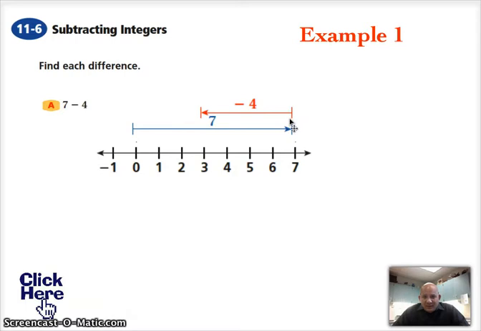Notice when we subtract a positive number, we're actually moving toward the left in a negative direction. I'll say that again. When we subtract a positive number, we're moving towards 0 to the left. So 7 minus 4 is 3.